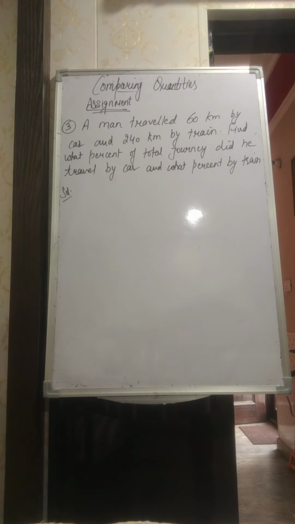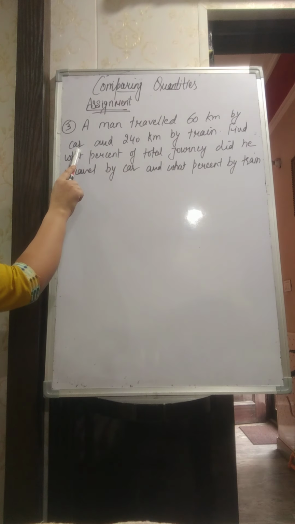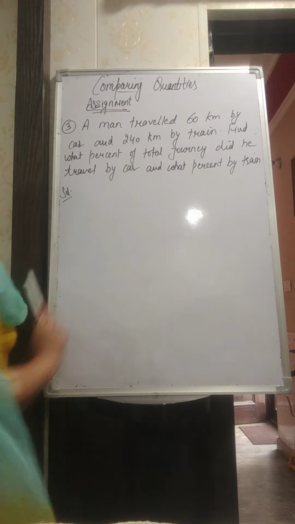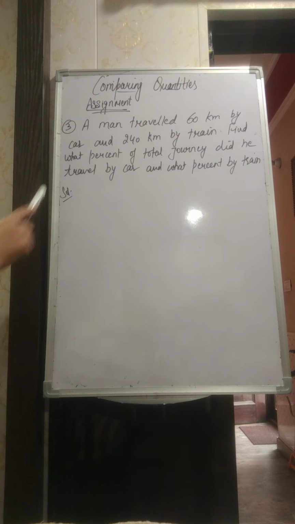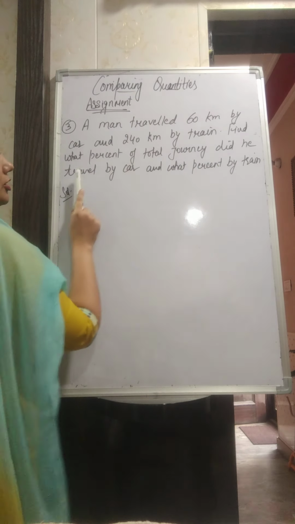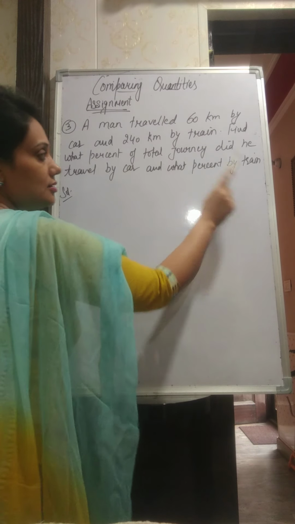Next question, question number 3. A man travelled 60 km by car and 240 km by train. Find what percent of total journey did he travel by car and what percent by train.